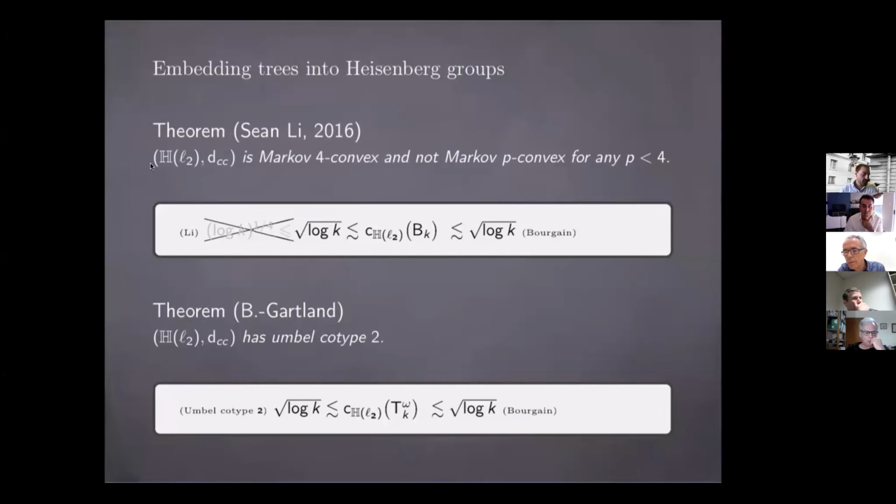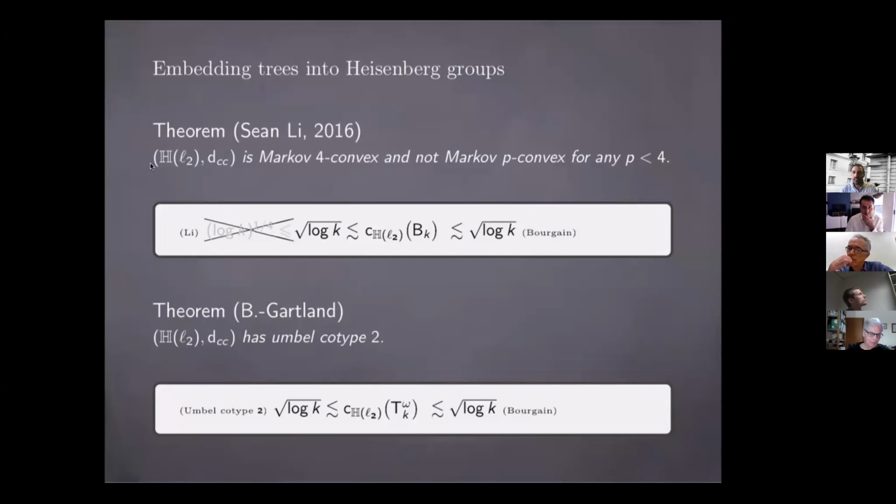So what I forgot to say is that this Heisenberg group, for instance, you cannot embed them bilipschitzly into a Banach space with beta P. Okay, so they are Umbel, so they have Umbel cotype P, right?